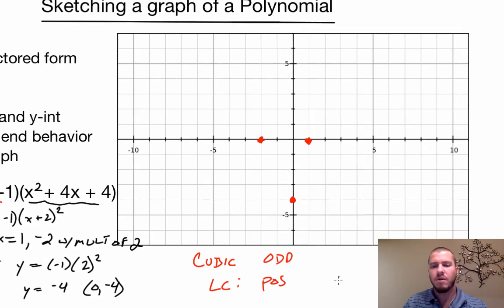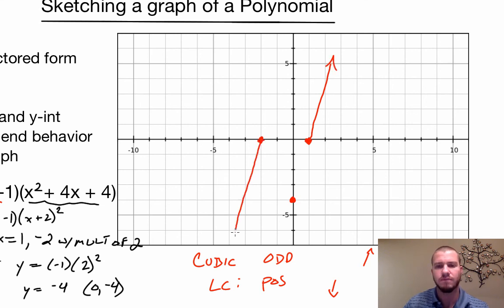So I have them going in a positive direction. So from this 0 all the way on the right side, the graph's going to be going up. From the 0 on the left side, the graph's going to be going down. Remember, there's a multiplicity here, so it does that multiplicity of 2 turn.